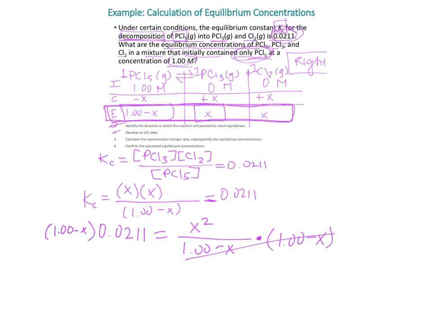So now we are actually going to solve this equation for 0. And we're doing that so that we can have all the X's on one side. That is our goal right now. So I'm going to rewrite just so we can see what's going on. So it's 1 minus X times 0.0211 equals X squared.